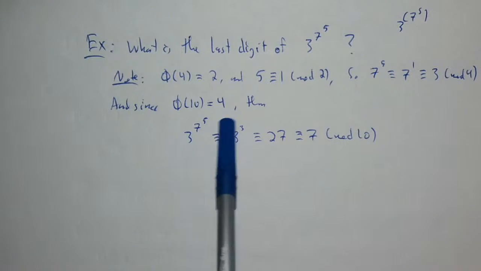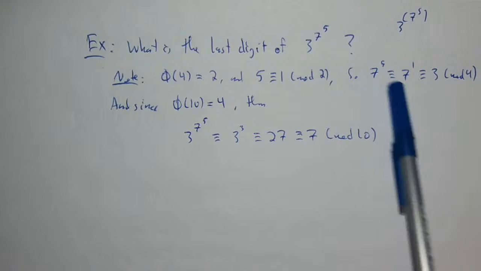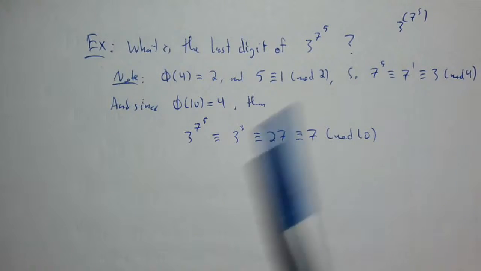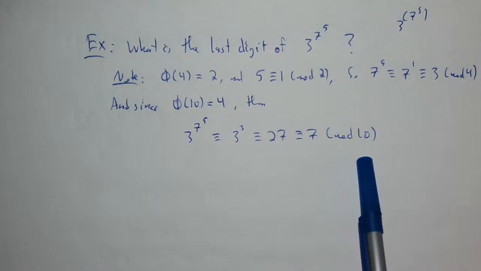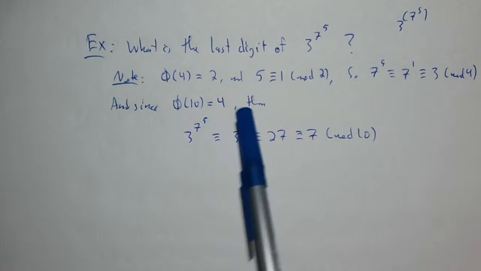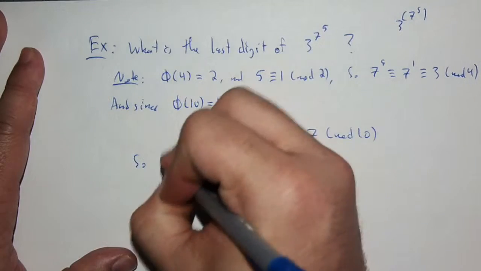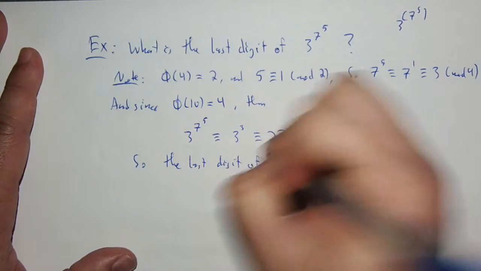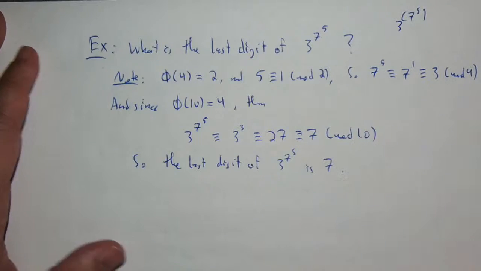Well, phi of 10 is 4. My exponents 7 to the 5th and 3 are congruent mod 4. Thus 3 to the 7 to the 5th and 3 to the 3 are congruent mod 10, since phi of 10 is 4. So the last digit of 3 to the 7 to the 5th is 7.